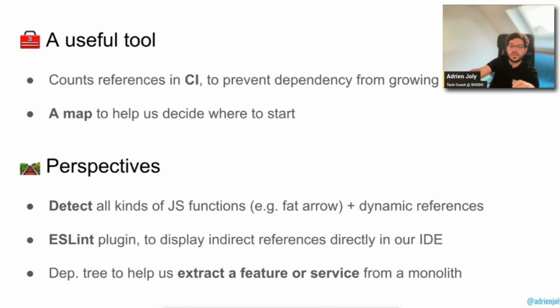So basically, which files or which functions do you need to extract from the code base in order to remove that service from that code base. So it will help you split up your code base into multiple smaller ones without leaving a mess behind.